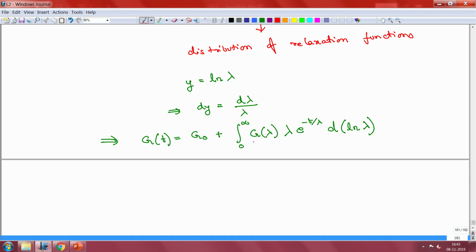And now this particular function is usually denoted by H. Okay. So, this particular function, G(lambda) times lambda, is regarded as another function, and this is now called the relaxation spectrum.